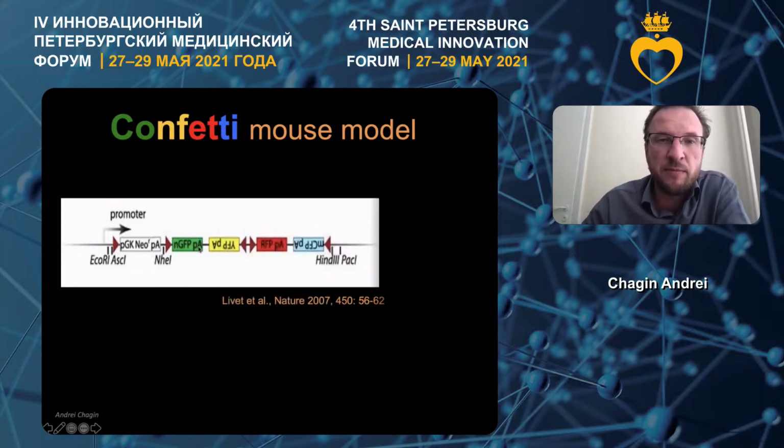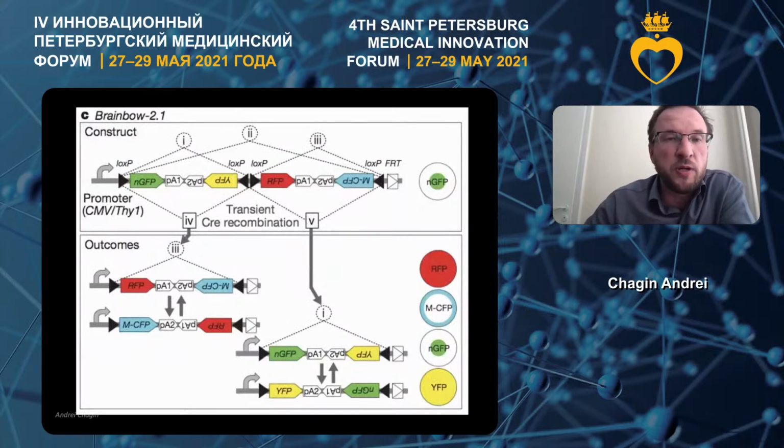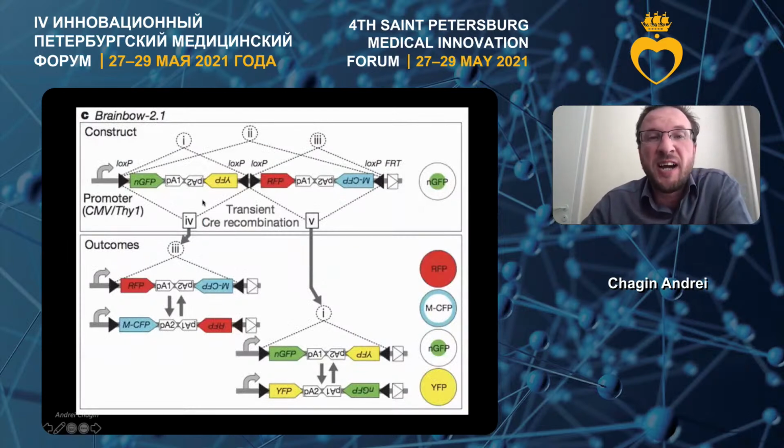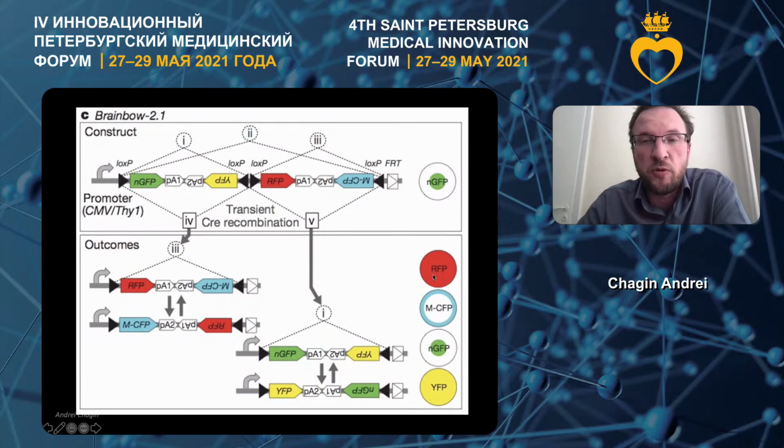But now we make it a little bit more complicated, and we put 4 different fluorescent proteins and 4 different LOXP sites. So what's happening here is that when Cre recognizes them in a random manner, it will produce different types of fluorescent proteins.